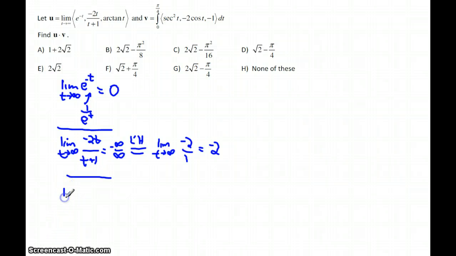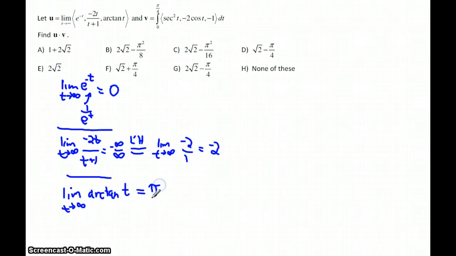Third component is going to be found by finding out what happens to arctan as the variable gets very large. So you just have to know the nature of the arctan function, that it has horizontal asymptotes, and the one we're interested in, as t gets very large, arctan goes to pi over 2.